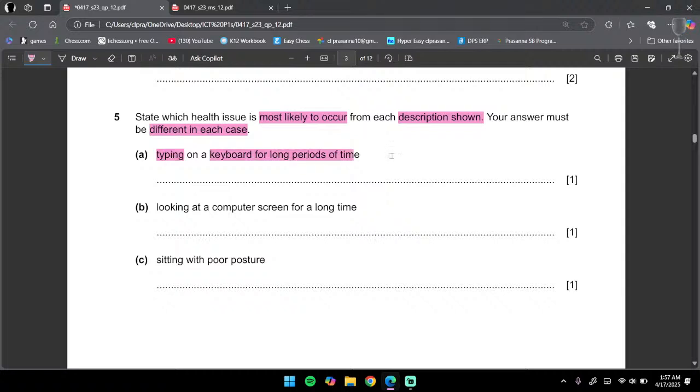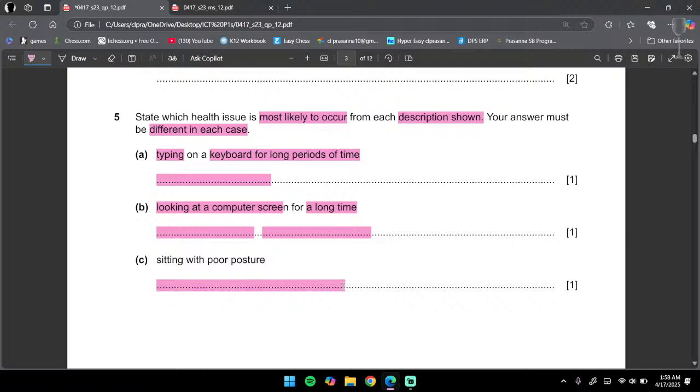Typing on a keyboard for long periods of time, this should easily tell you that this is RSI or repetitive strain injury. Looking at the screen for a long time, I think there are two answers you can say: either eye strain or headache. One of them should be accepted, but I'll prefer going with eye strain. Sitting with a poor posture can easily lead to backache.